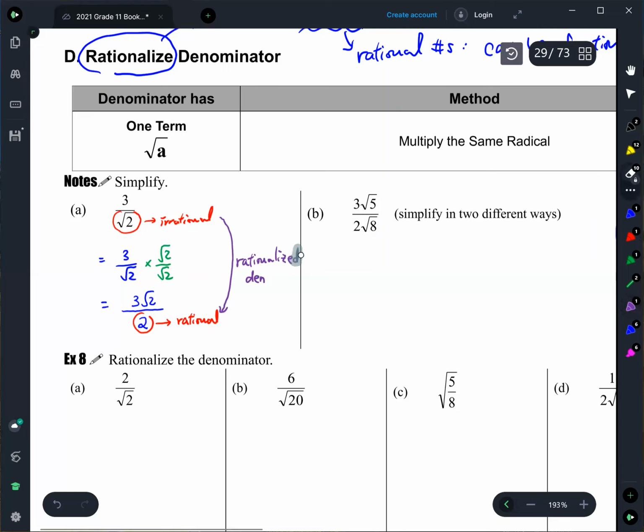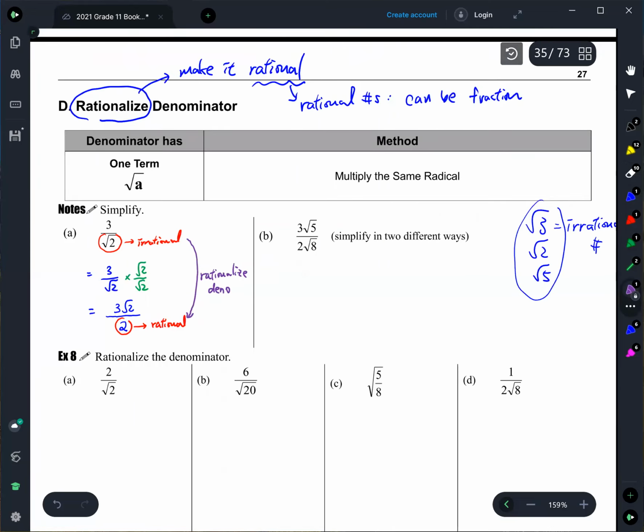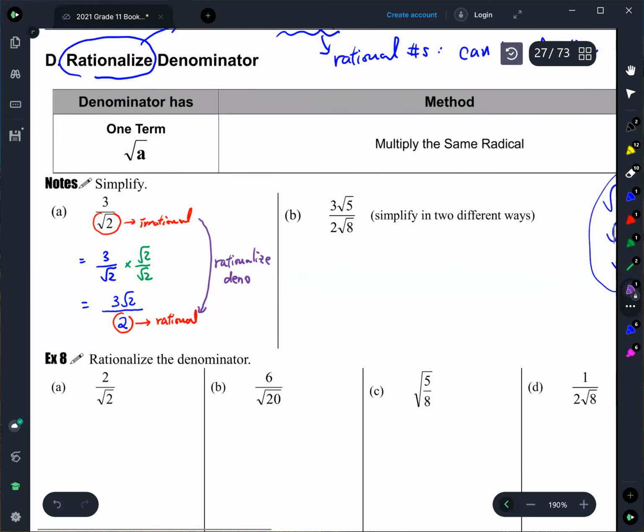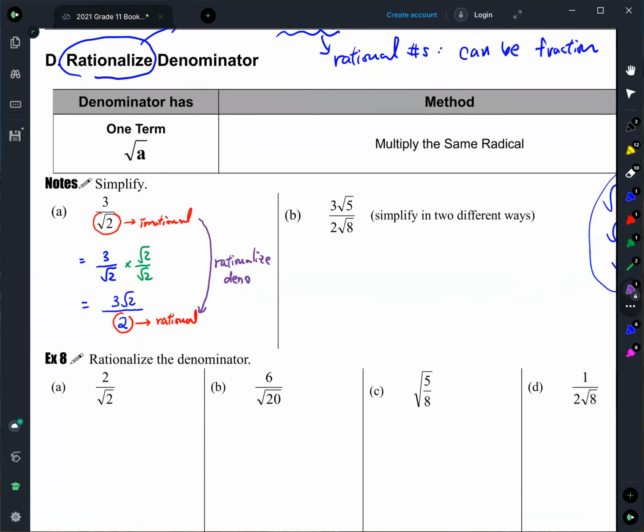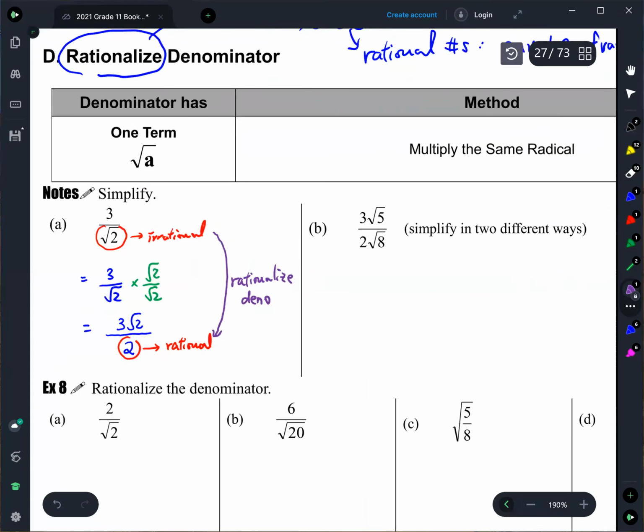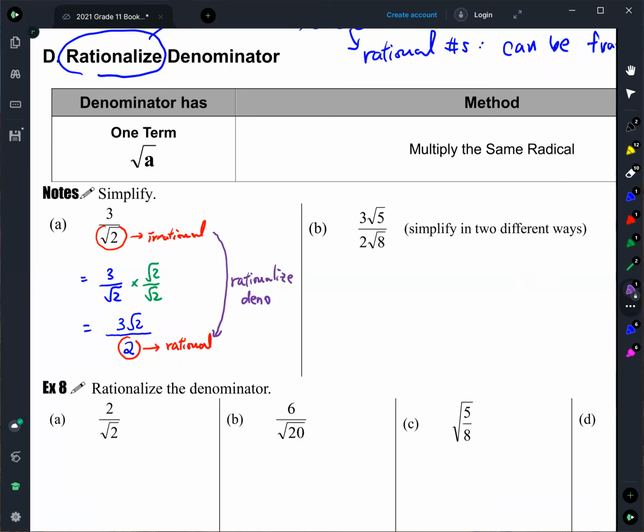Okay, rationalize denominator. Can you raise your hand if you understand what it means by rationalize denominator? You make something irrational become rational.